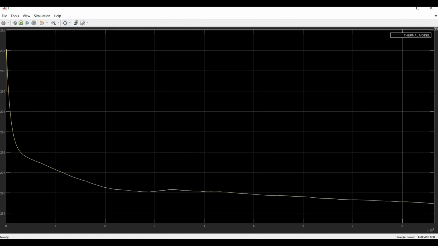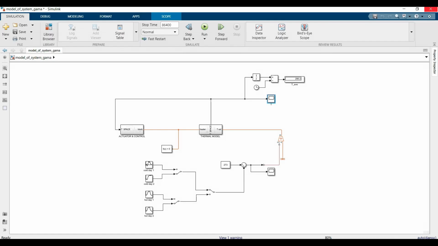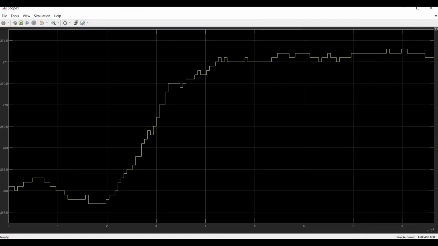As you can see, the temperature goes lower than 291. The variation of external temperature is like this, and it's clear that it's cooler than the other day.